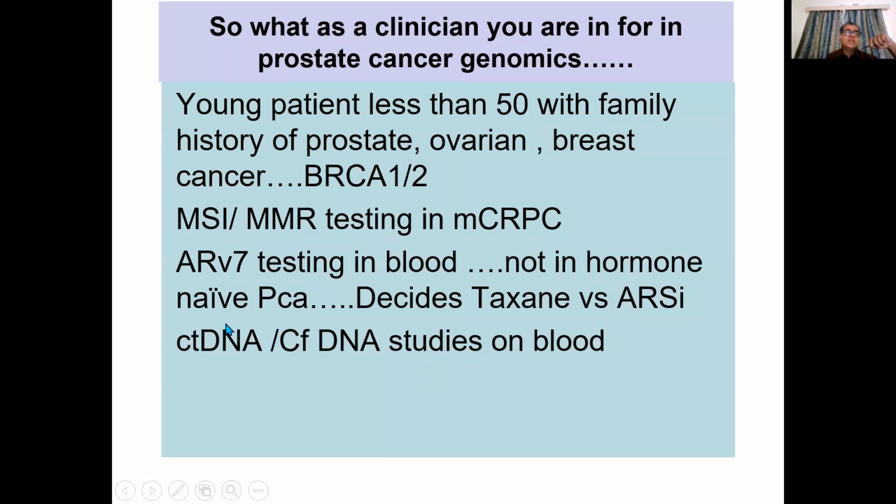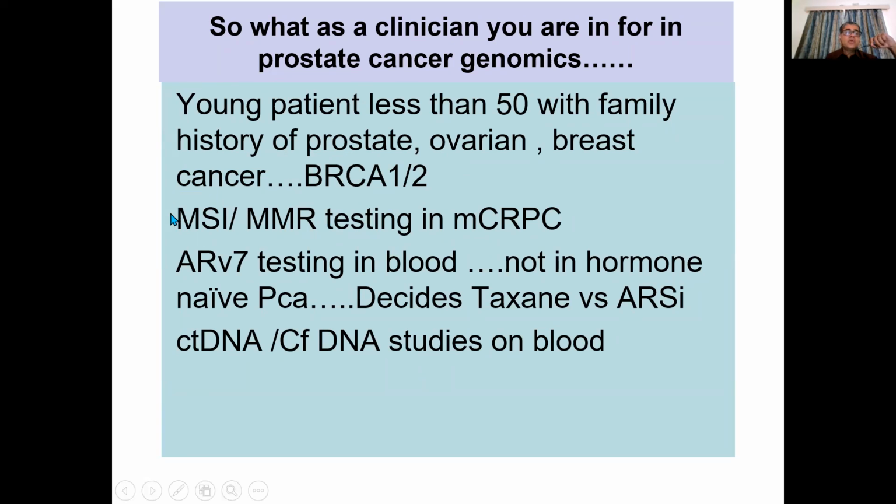So in a nutshell, when it comes to molecular pathology and treatment of prostate cancer, here is what you as a clinician should be looking for. In a young patient less than 50 with a family history of prostate, ovarian or breast cancer, you should order BRCA1 and BRCA2 testing. If they are found to harbor these mutations, they would become candidates for olaparib therapy or PARP inhibitor therapy.